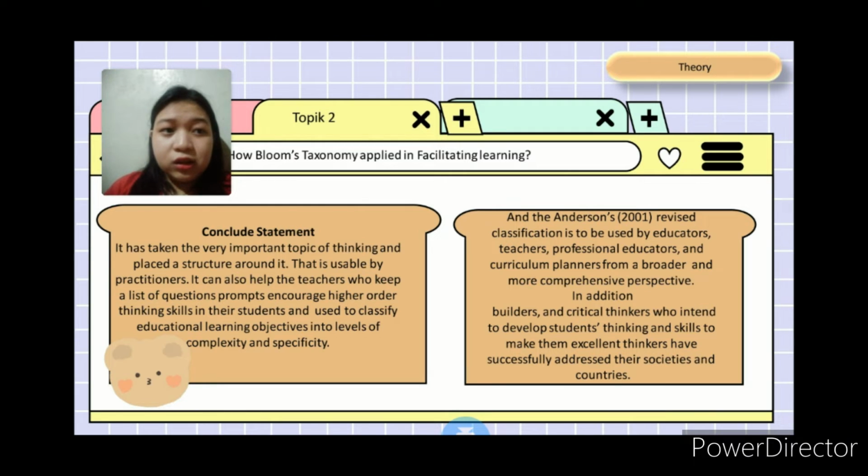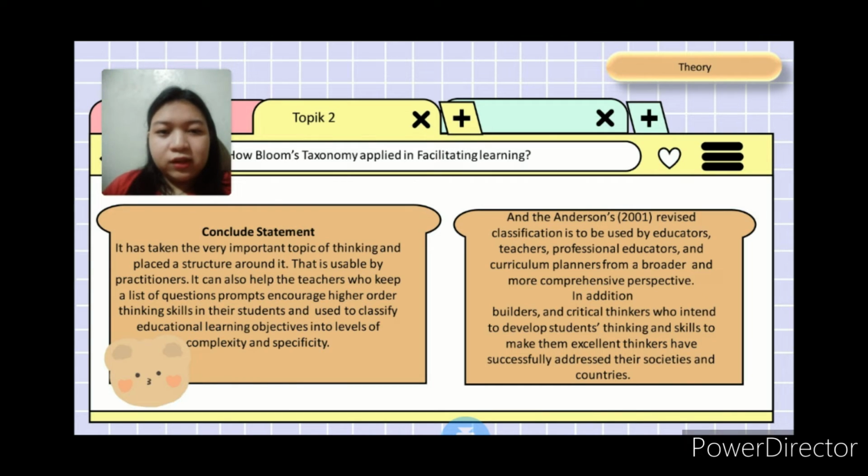In addition, builders and critical thinkers who intend to develop students' thinking and skills to make them excellent thinkers have successfully addressed their societies and countries. Because Bloom was personally critical of his taxonomy, that's why the revision was made more adaptive and easier for the current age that we have.